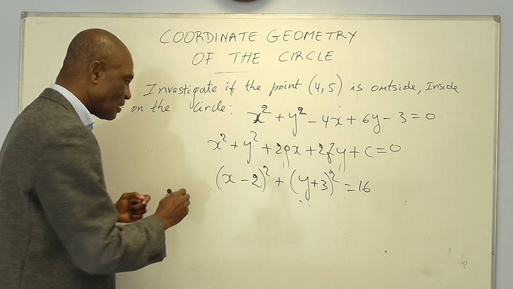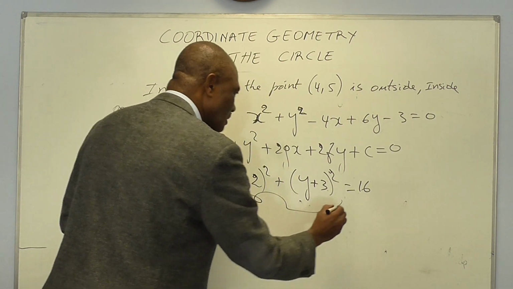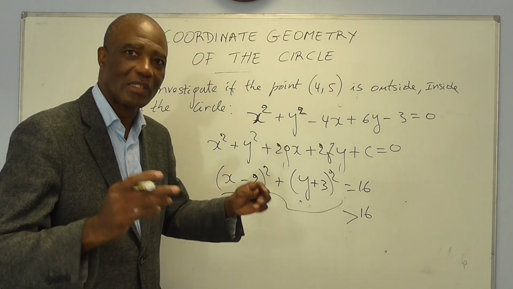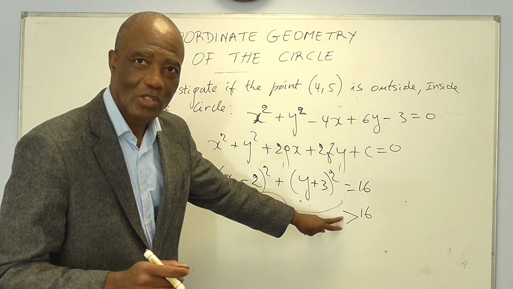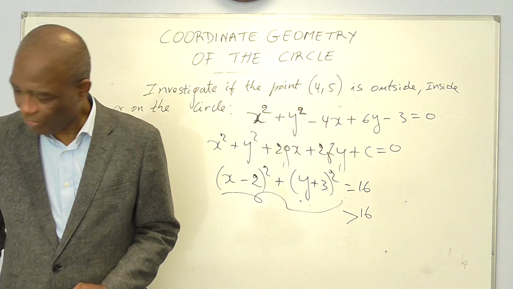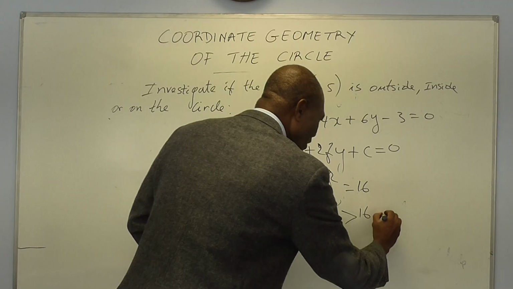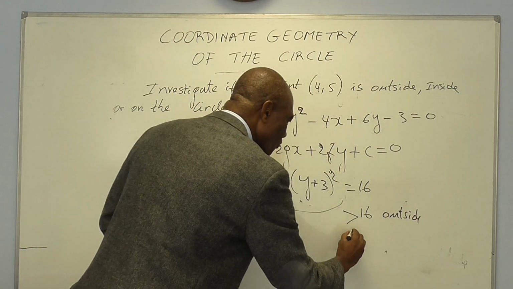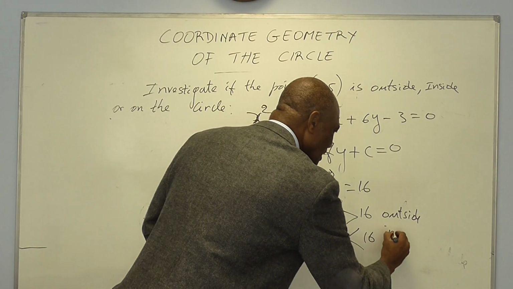Remember, we said that if this is greater than 16, we say that the point is lying outside of the circle. And if this is less than 16, it is inside.